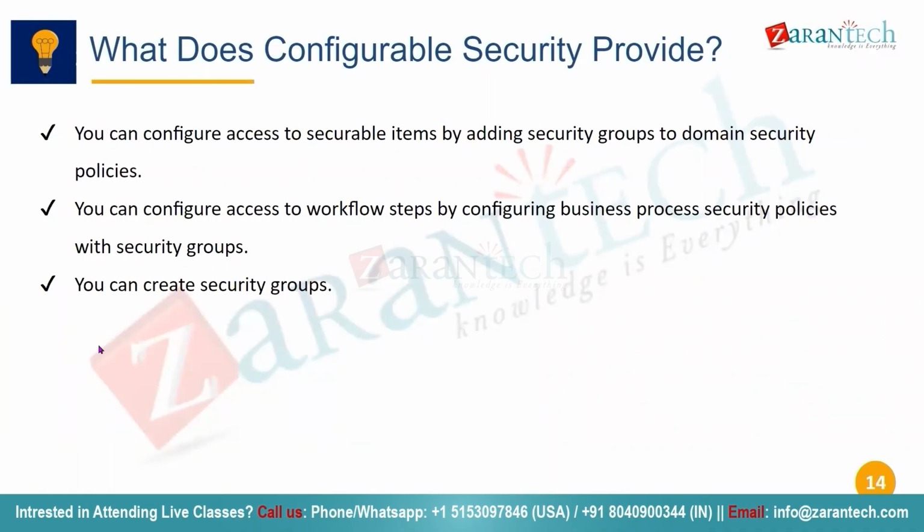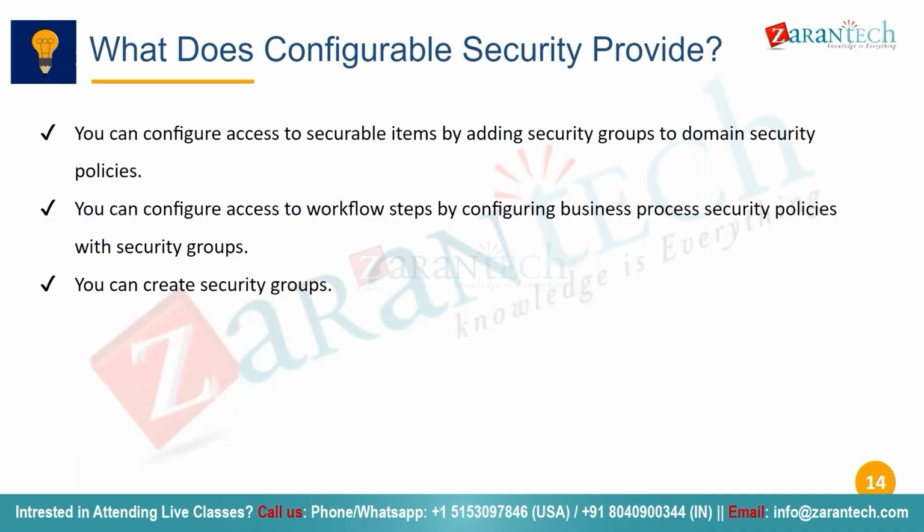So what does the configurable security provide? It configures access to a secureable item by adding any security group to a domain security policy. So again, this domain consists of secureable items, right?